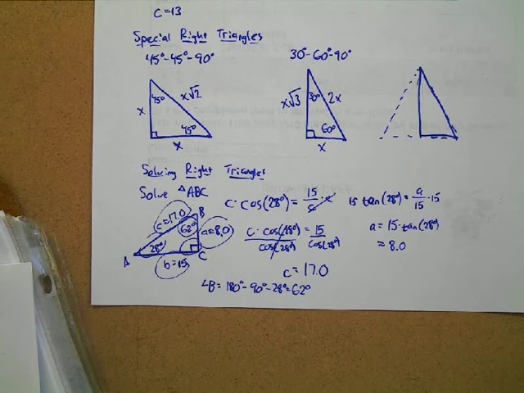So PDF, I'm going to have you do numbers 3, 9, and we'll just do like 21. I think that should be okay.